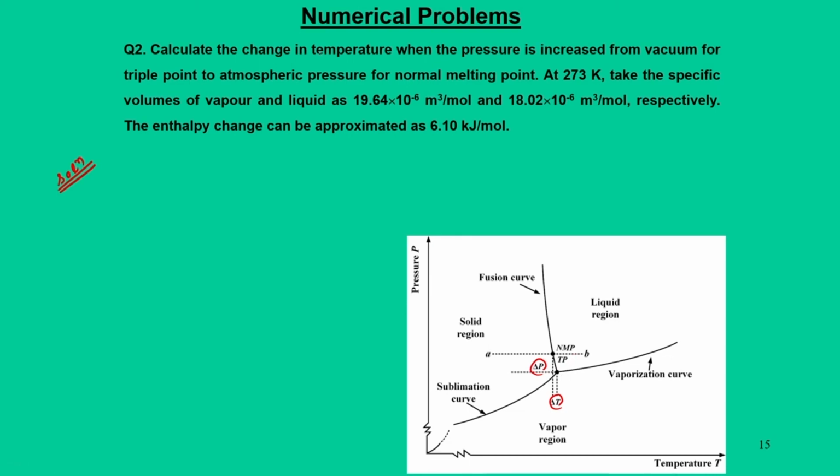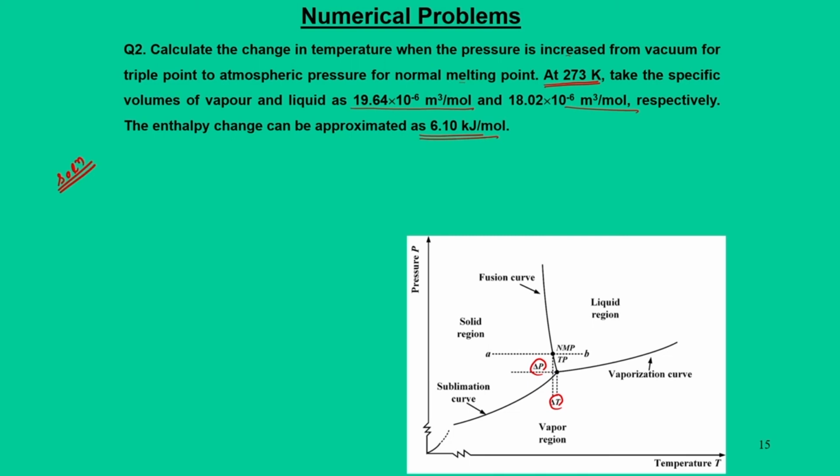So calculate the change in the temperature when the pressure is increased from vacuum, meaning initially zero pressure at the triple point, to atmospheric pressure at the normal melting point. The data given is 273 Kelvin, meaning 0 degree centigrade. The specific volumes of liquid and vapor are given in meter cube per mole, and the enthalpy change is also noted, 6.10 kilojoule per mole.